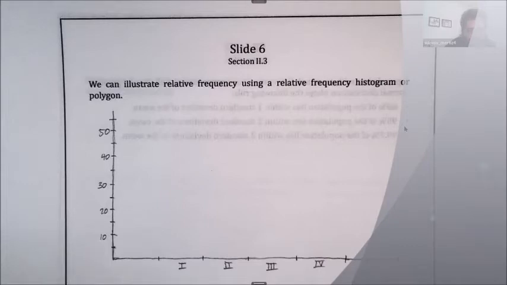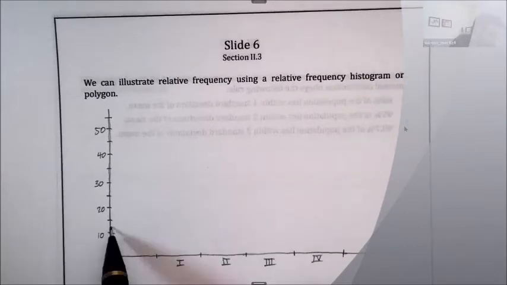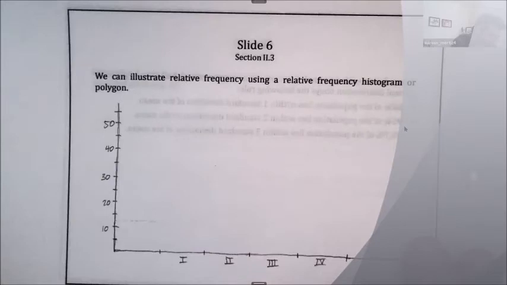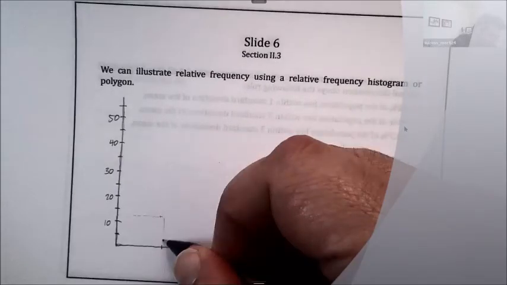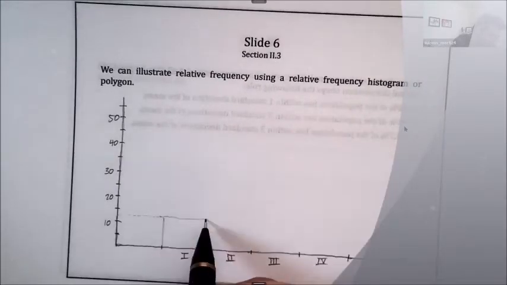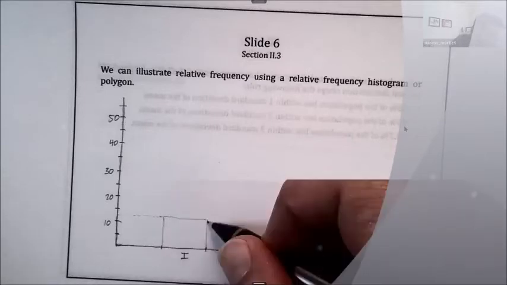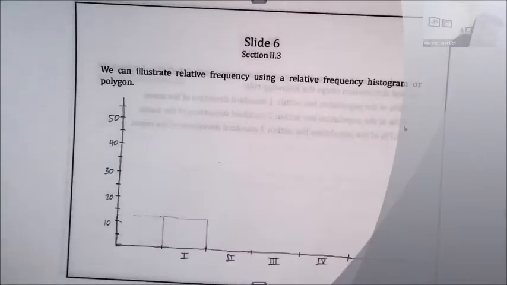So let me lightly sketch the histogram and then I'll sketch the line graph a little more darkly. See, the first interval we have 12.5%. So that's going to be right around in here. I'm just kind of estimating. And then interval 2 is 54.2%.